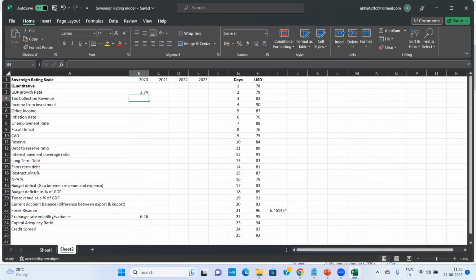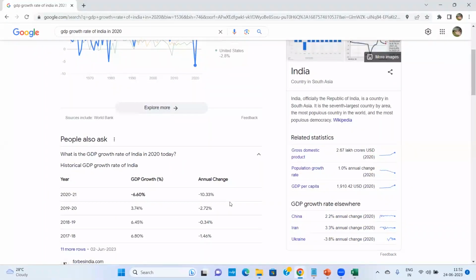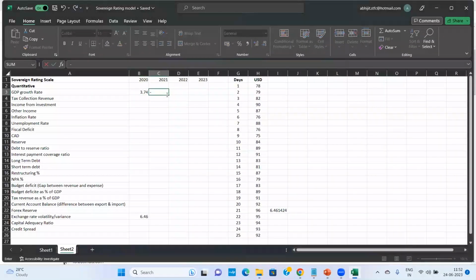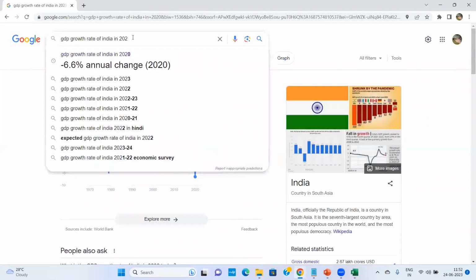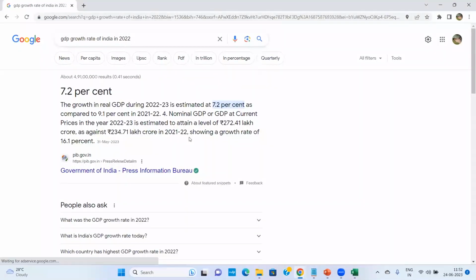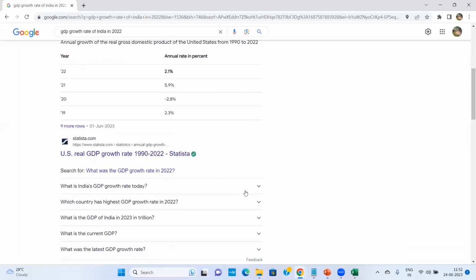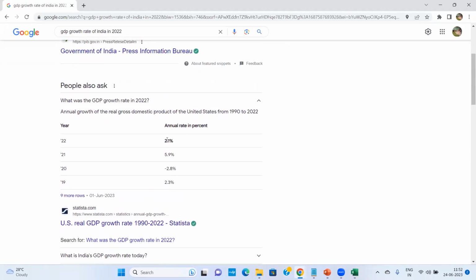For 2021, it was minus 6.6. Next is 2022 and 2023. 7.2%. No. It is 2.1%.